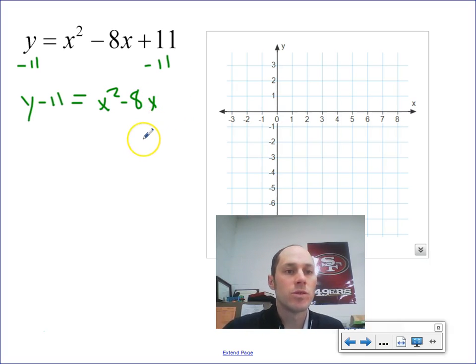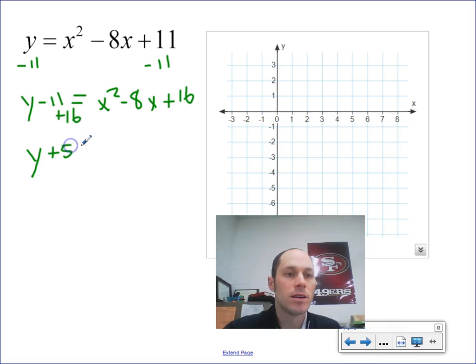What's my c value going to be? Remember, it's half the b, and then square it. So negative 4 squared is 16. If I add 16 to both sides now, I can complete my square. I'll have y plus 5 on the left, and my perfect square trinomial will be x minus 4 squared.